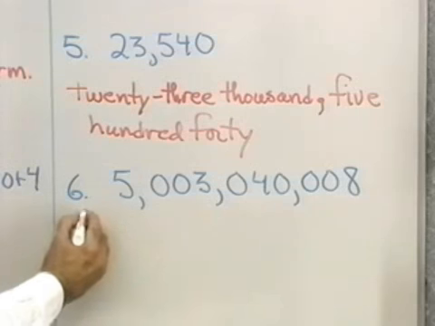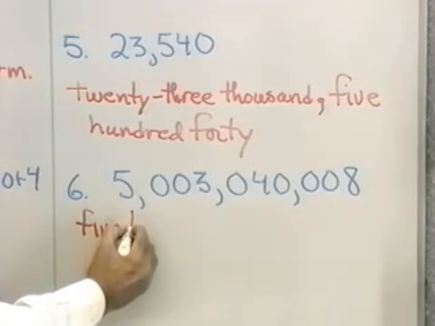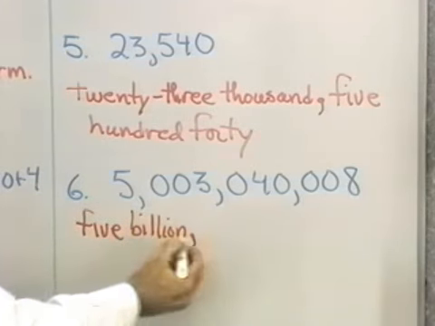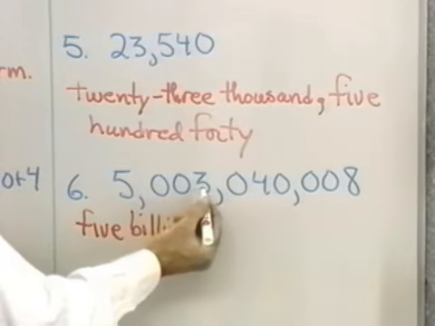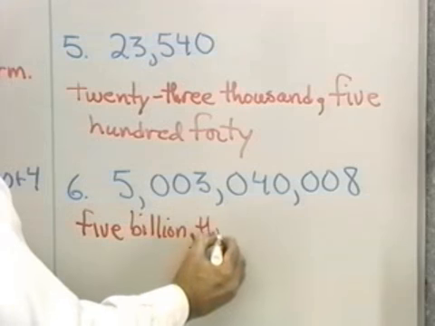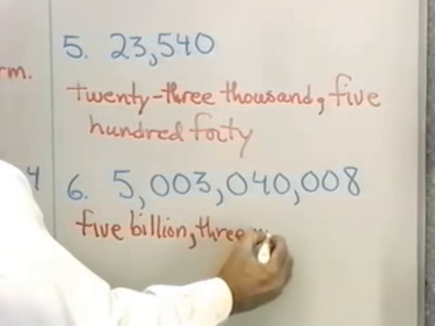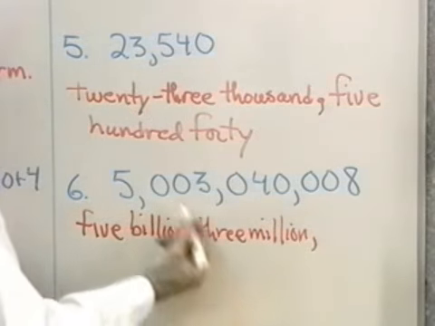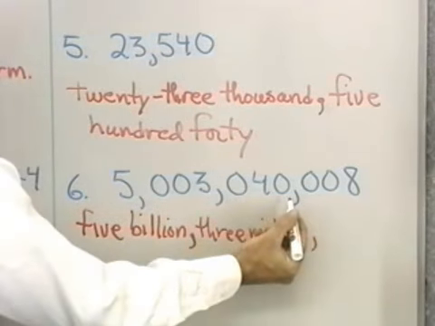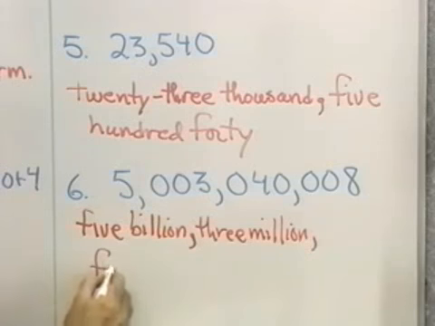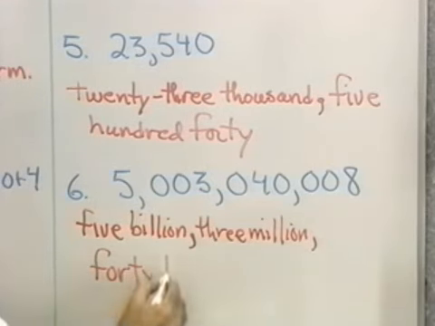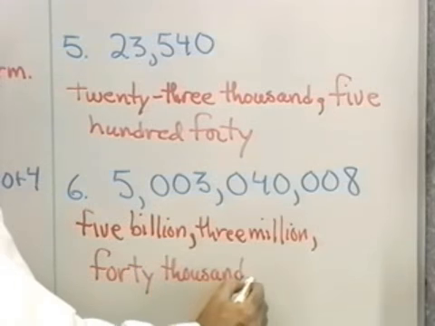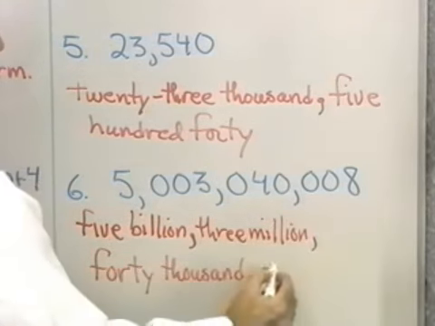So let's write this as 5 billion, comma, because there's a comma there, 3 million, comma, okay, 40,000, comma, 8.